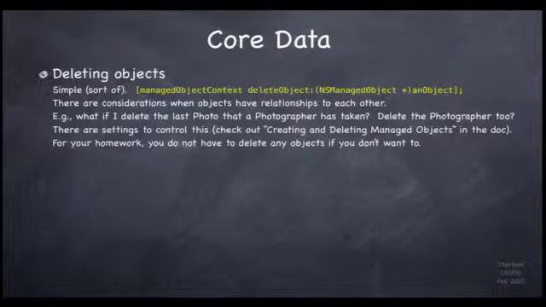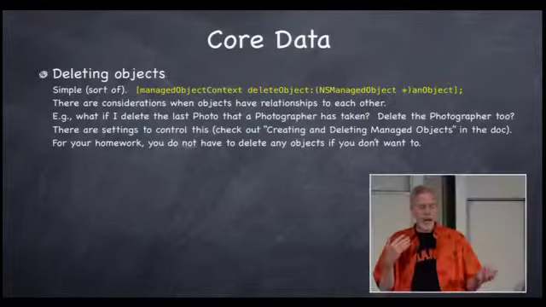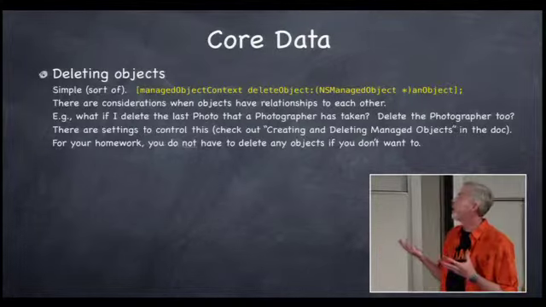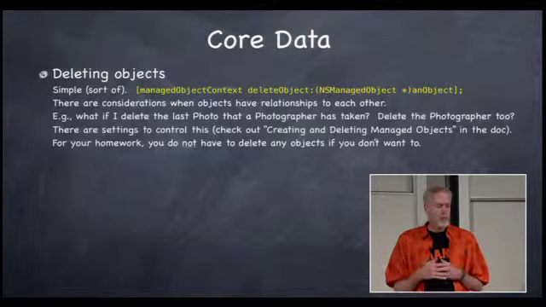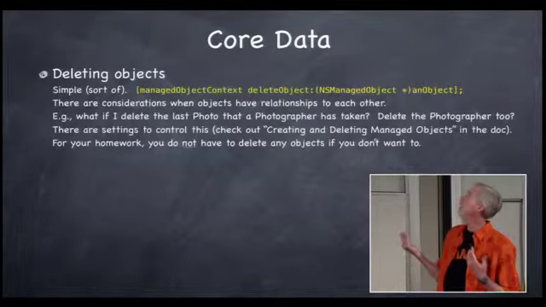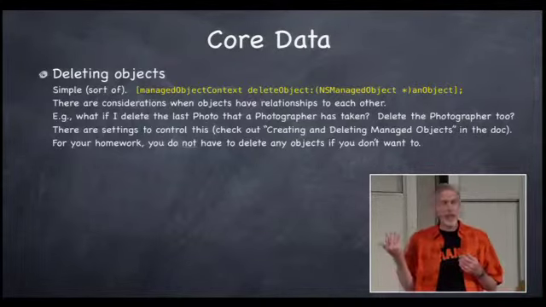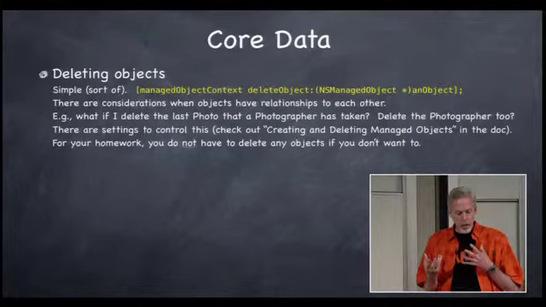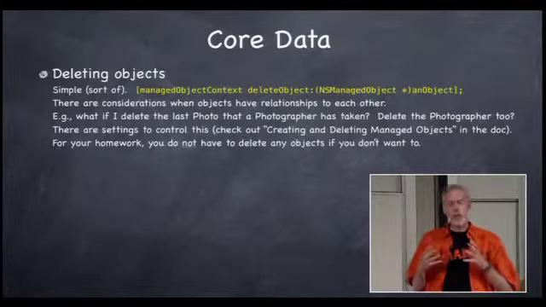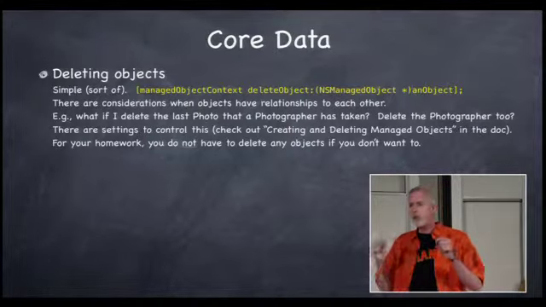So that's it for fetching, creating objects, setting attributes. The last few things I'm going to talk about here, you don't have to worry about for your homework, but deleting objects is straightforward, kind of. You just say deleteObject to the managed object context. The reason I say sort of is you have to be a little bit careful if you have relationships between objects.